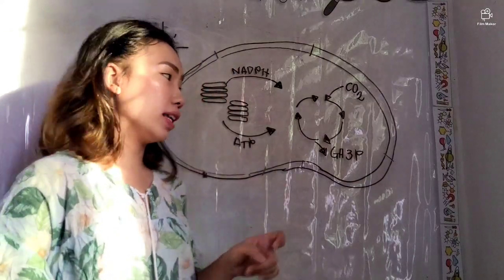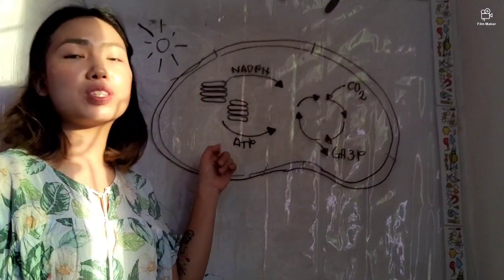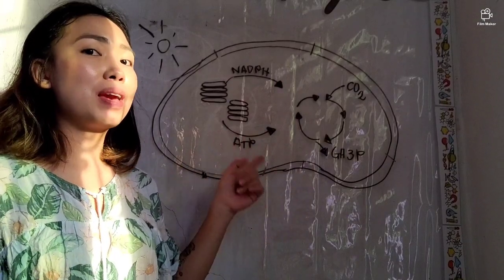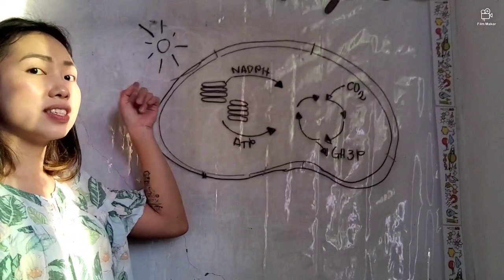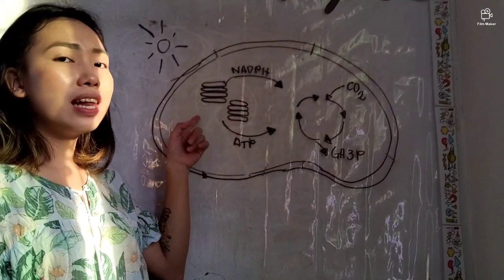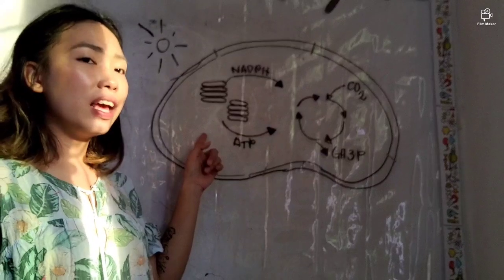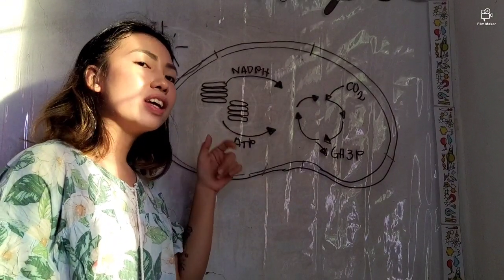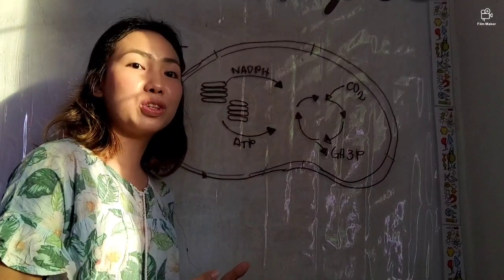Stage 1, happening on this part, is called the light-dependent reaction, which mainly depends on the sunlight from the sun. In the light-dependent reaction, it converts solar energy into chemical energy.